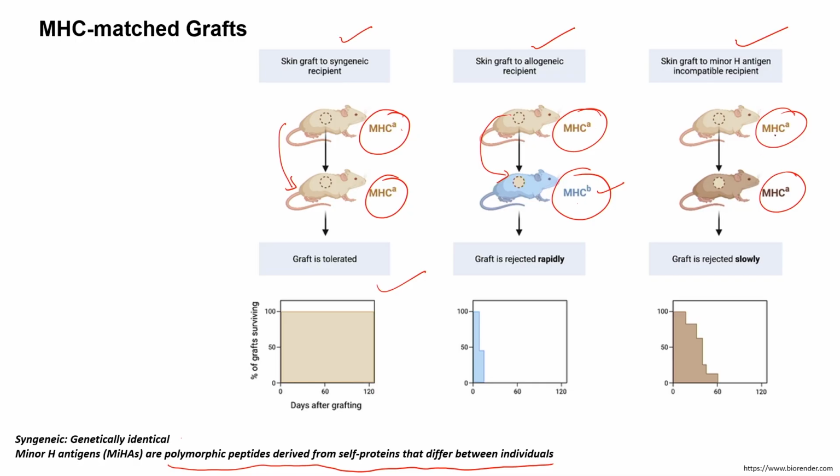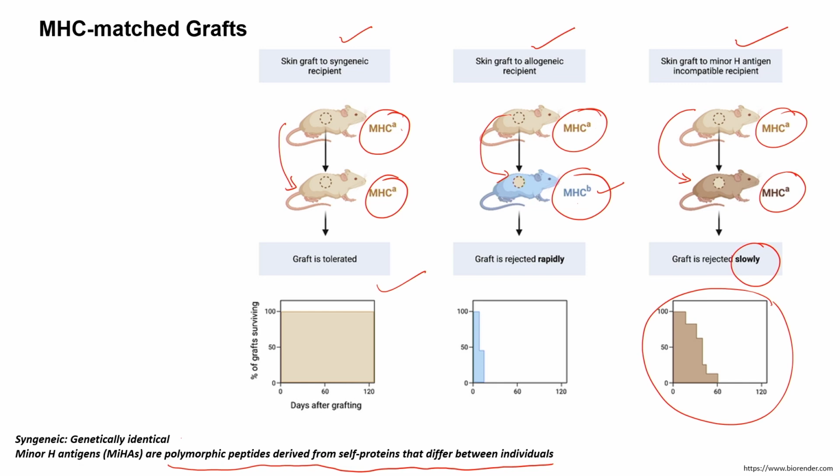Therefore, even though they come from the same lineage, they may not tolerate the skin or any kind of tissue grafted from a different mouse. When tissue is grafted from one mouse to another, even with a slight difference in the H antigen, we see rejection, although that rejection will be a little slower compared to allogenic. Allogenic will be very rapid, and in syngenic the graft will be tolerated.